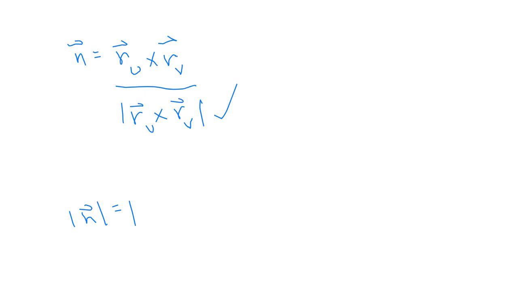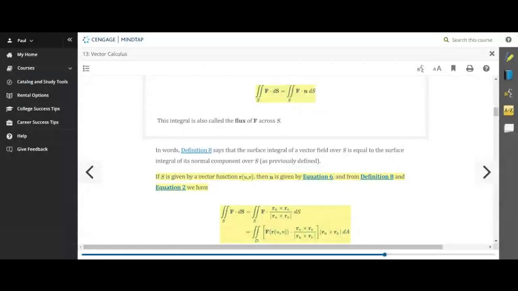Because you're standardizing. You're dividing a vector by its length. So what they do back here then is they replace the normal vector in that formula above with the cross product vector divided by its length.